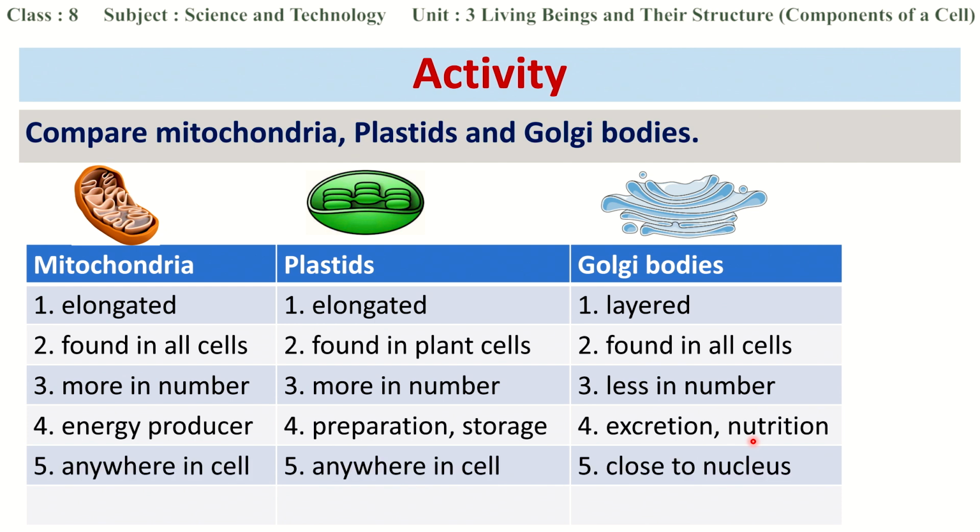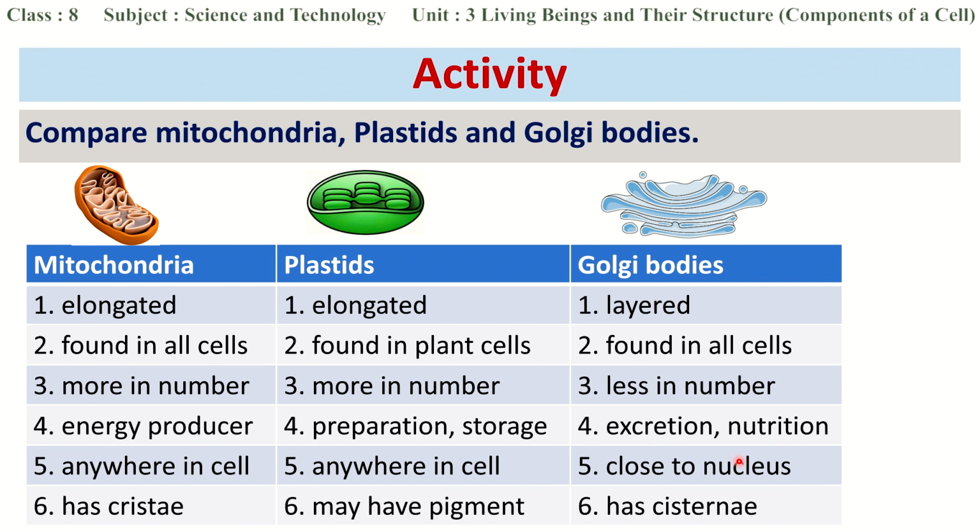Okay. Next one. Mitochondria is found anywhere in the cell, scattered in the cytoplasm. Plastid also anywhere in the cell. But this structure, Golgi body, is found close to the nucleus because it has to receive some secretions of endoplasmic reticulum. That's why it is found closer to the nucleus and endoplasmic reticulum. Okay. And the last one, you may write something different, that also may be correct, consult your teacher.